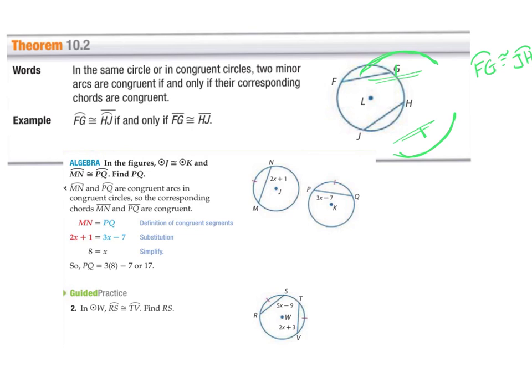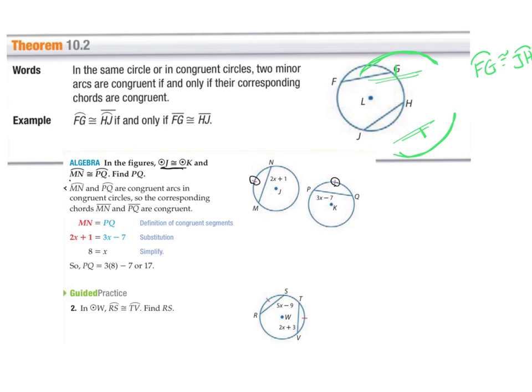Now, if you'll look at the example they give us here, we see that they give us circle J and circle K, and by the fact that these are named circle J and K, that tells us for a fact that J and K are the centers of those circles. Now, they tell us that arc MN is congruent to arc PQ.